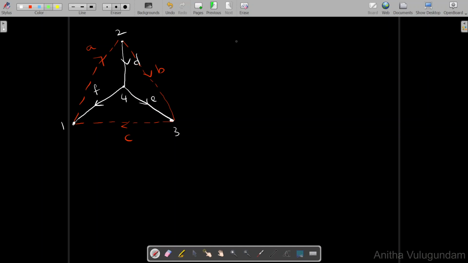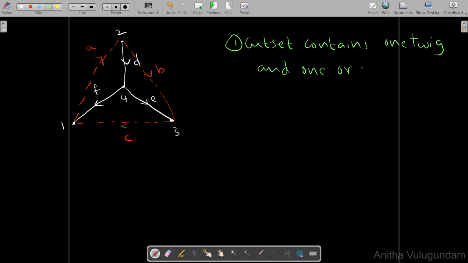Okay, so a cut set consists of one twig and one or more links.